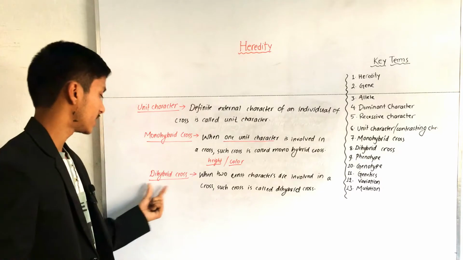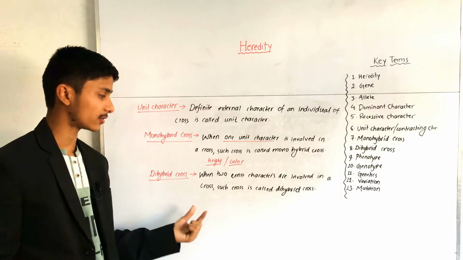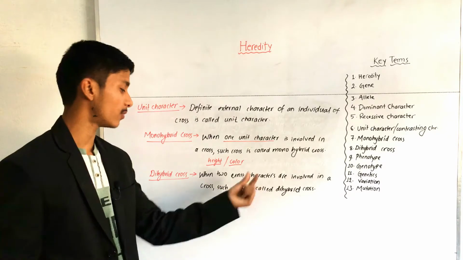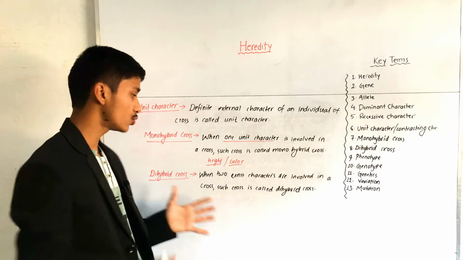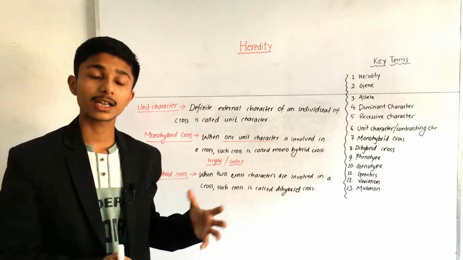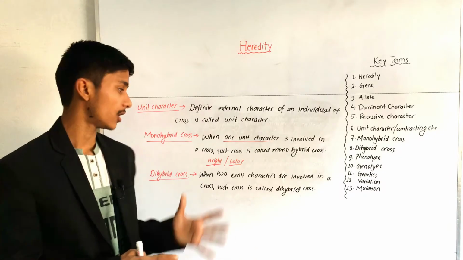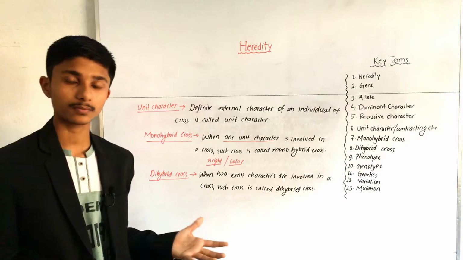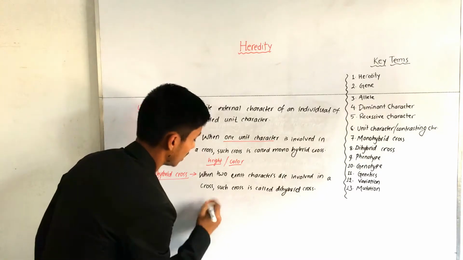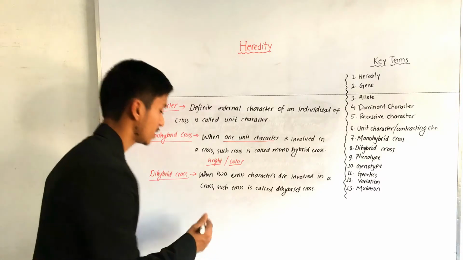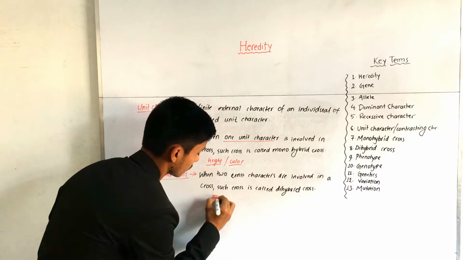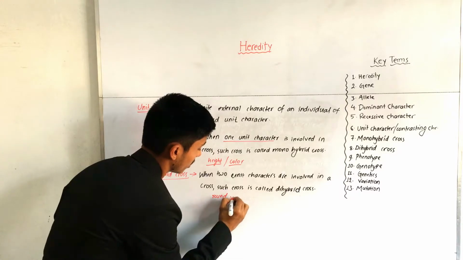Similarly, next is the dihybrid cross. What is a dihybrid cross? When two unit characters are involved in a cross, such a cross is called a dihybrid cross. Two unit characters means height can be one and color can be another. For example, in P we generally take round and yellow.